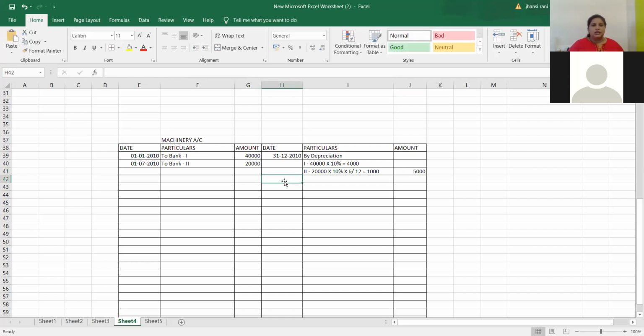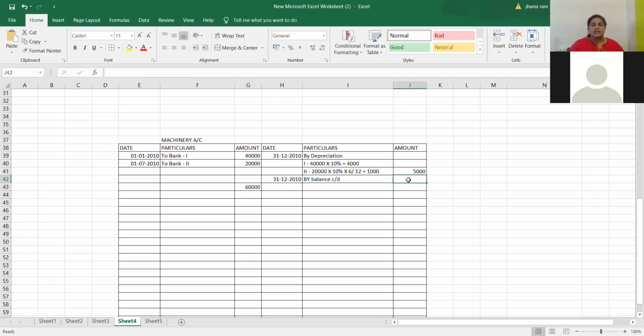Now I have to close the account for the year 2010. On 31st December 2010, I will write by balance carried down. First let us total this. Here the total will be 40,000 plus 20,000, which comes to 60,000.